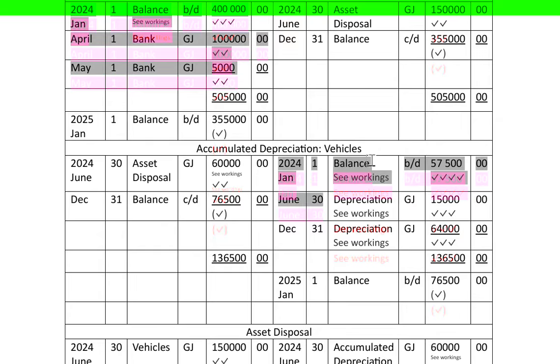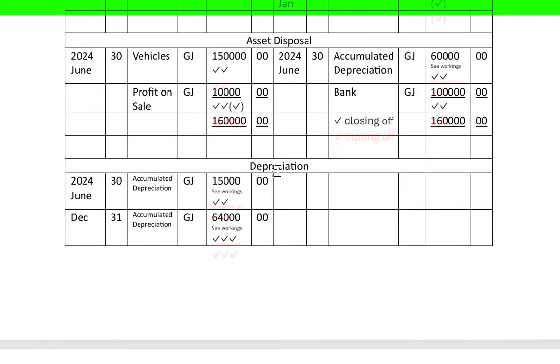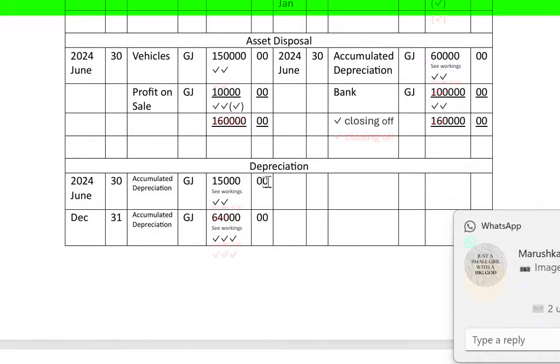Under accumulated depreciation, there's the depreciation for the 6 months, 15,000. But if we credit accumulated depreciation, the debit entry is depreciation. And there's the depreciation, 15,000.